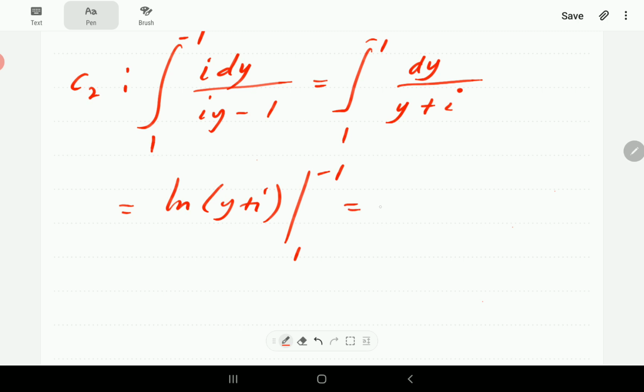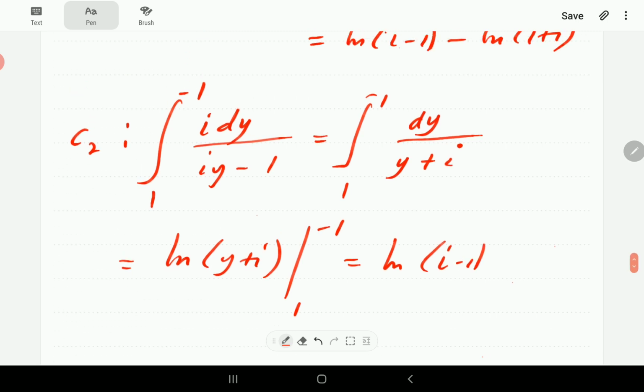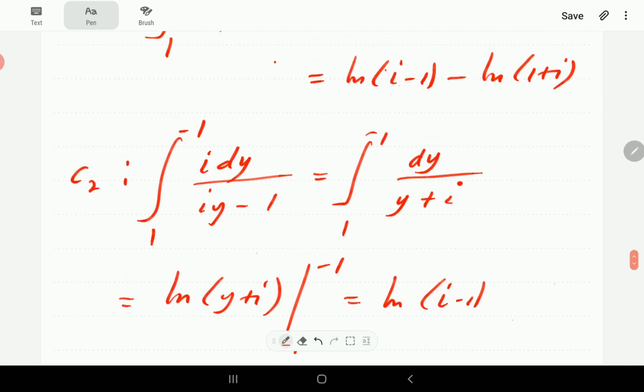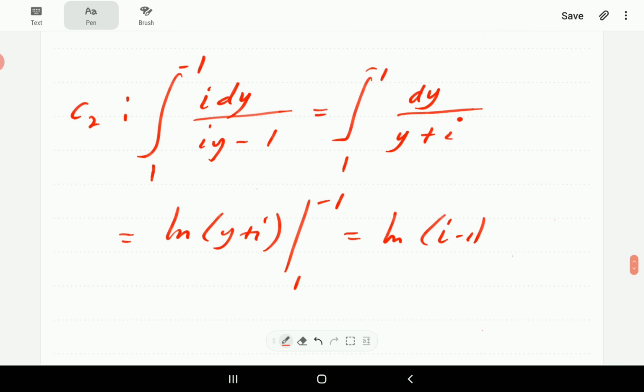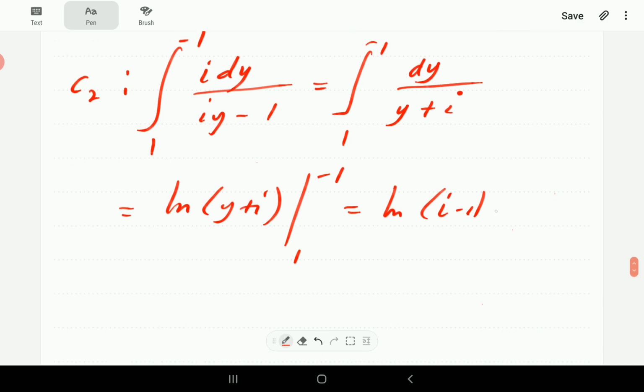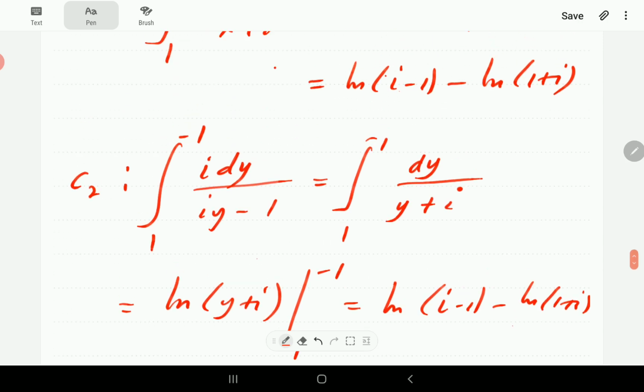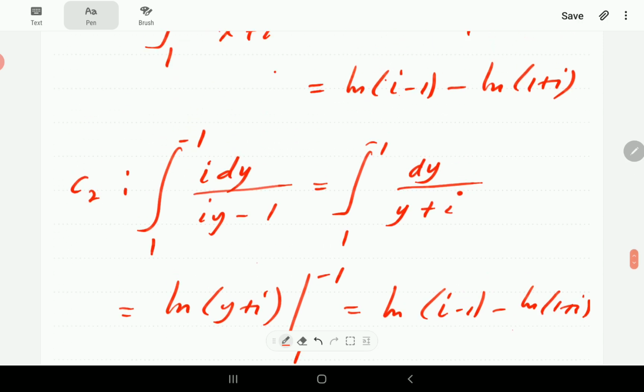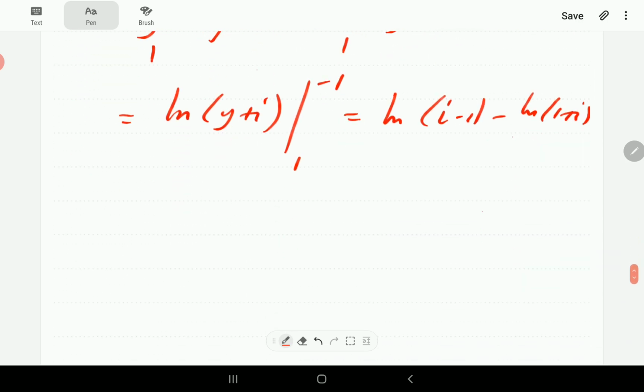When y is negative 1, this is going to be i minus 1. When y is 1, it's going to be 1 plus i. Okay, C2.